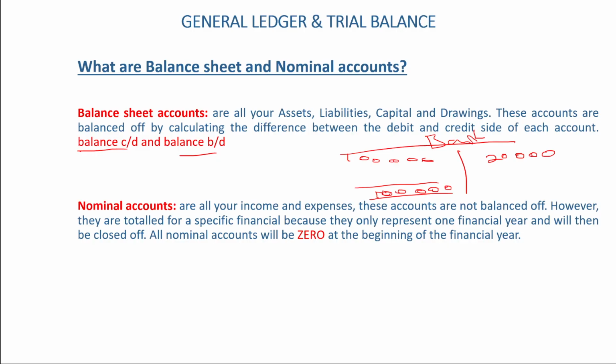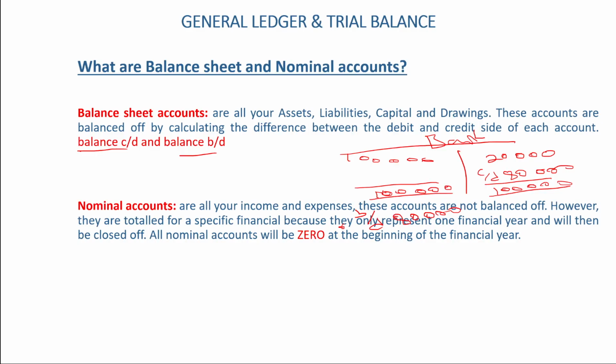This is the biggest side, and then we go and say 100,000. This side is the smallest side. So we're going to have balance carried down, which is 80,000. And then over here, we're going to have balance brought down, which is 80,000. This will therefore be the opening balance in the following month that is coming.